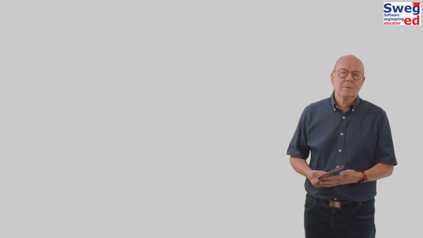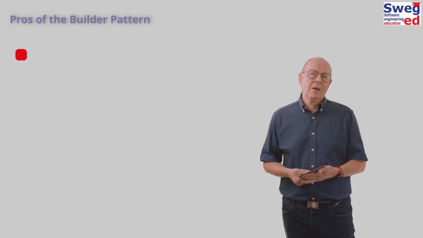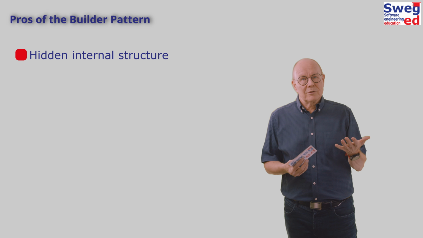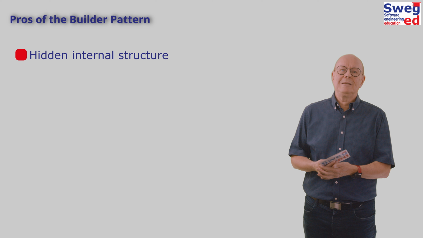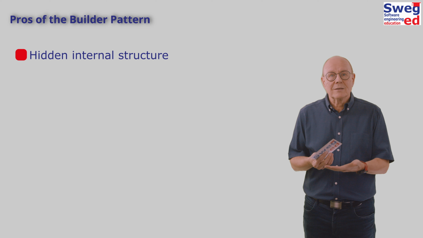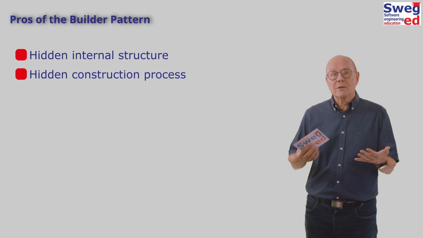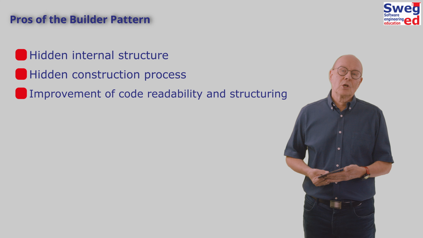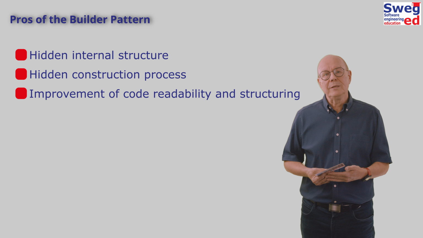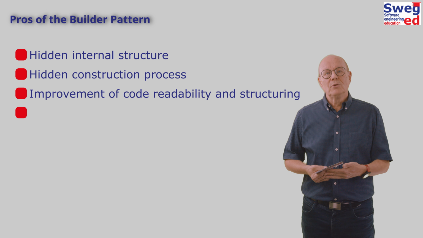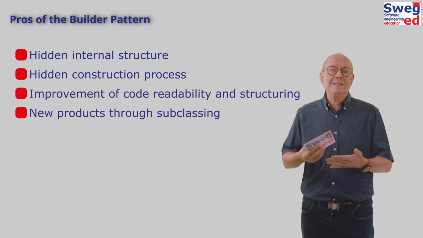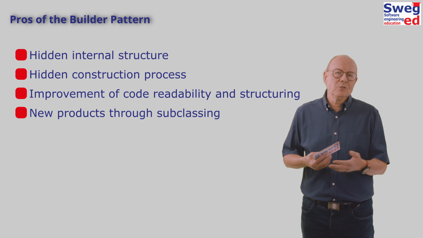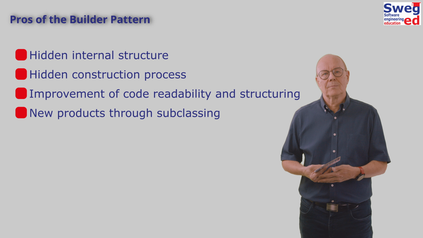Now here are the main pros and cons. On the pro side, the client does not need to know how the object is built. Steps of construction are hidden from the client. Code is cleaner and easier to read. You can add new products easily by just making new builder subclasses.